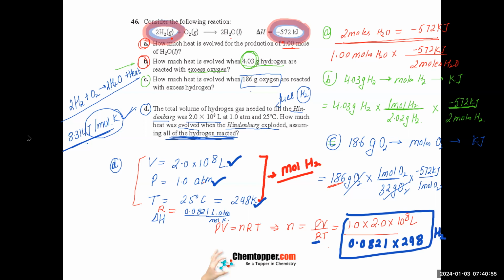Calculate how many moles you are getting. And how many significant figures should be there in your moles? Only 2. Yes, this number is in 2 and this number is in 2. Yes, good. So answer?